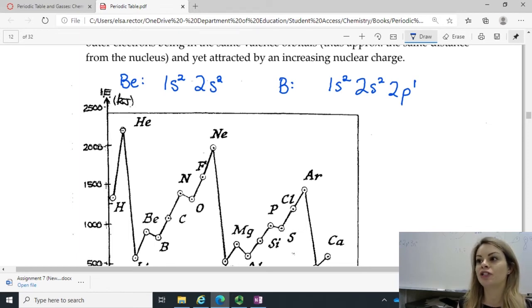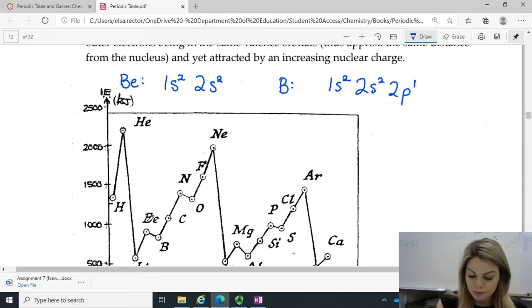So the s subshell is full, that's relatively stable, whereas the p subshell has just one little electron in there. So it is easier to remove one from the p subshell than one from a full s subshell. Does that answer your question, Patrick? Does that make sense? Sort of, yeah.